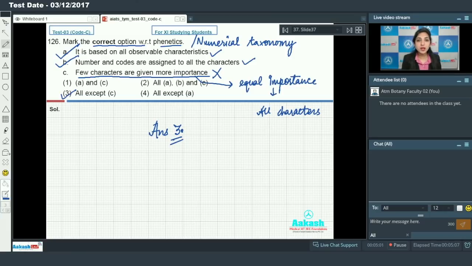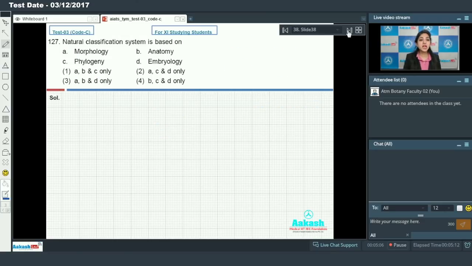Moving on to the next question, that is question number 127. Natural classification system is based on. Natural classification system proposed by Bentham and Hooker is based on external as well as internal factors. External features included in the natural classification system is morphology. Internal features include anatomy, embryology, phytochemistry.